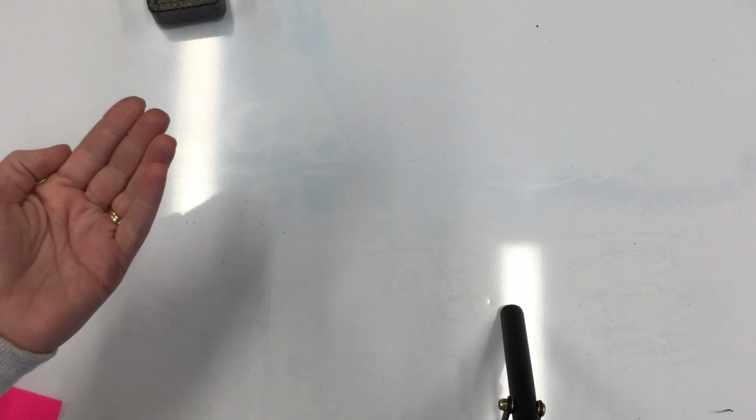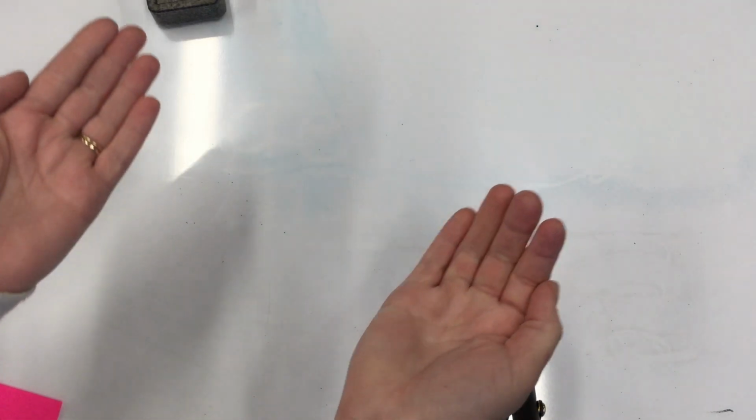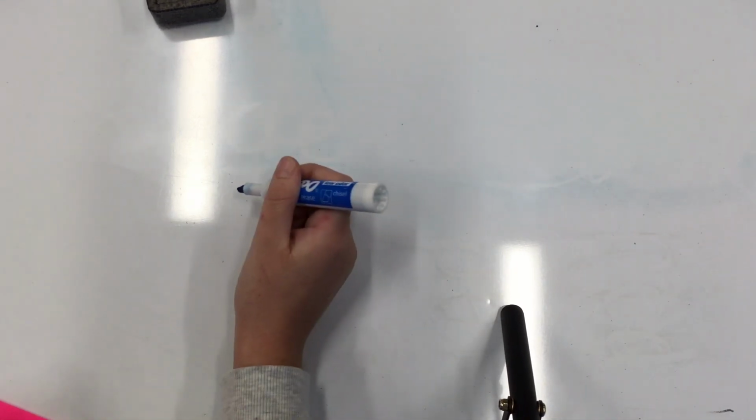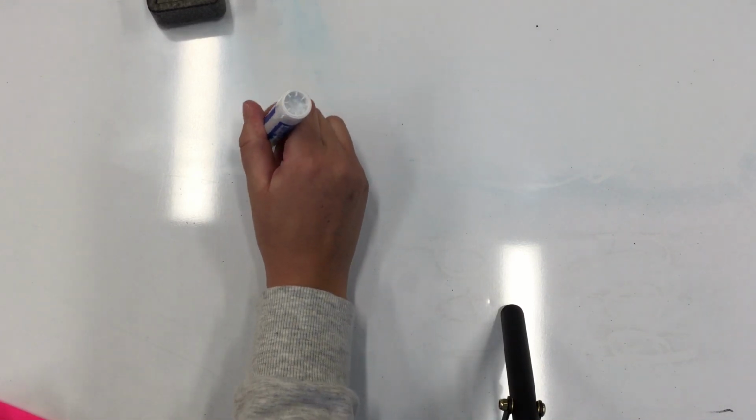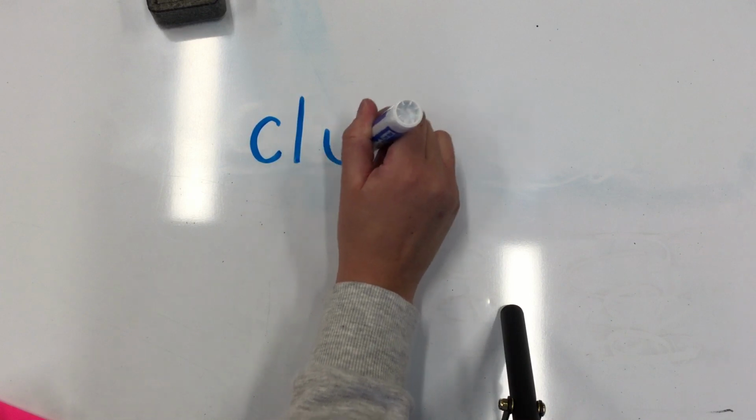And if you remember, a consonant blend is when we take one letter and another letter and we kind of smush those sounds together to make one quick sound. So we've talked about beginning consonant blends where they start at the beginning, like CL. Let's just take this word, club.